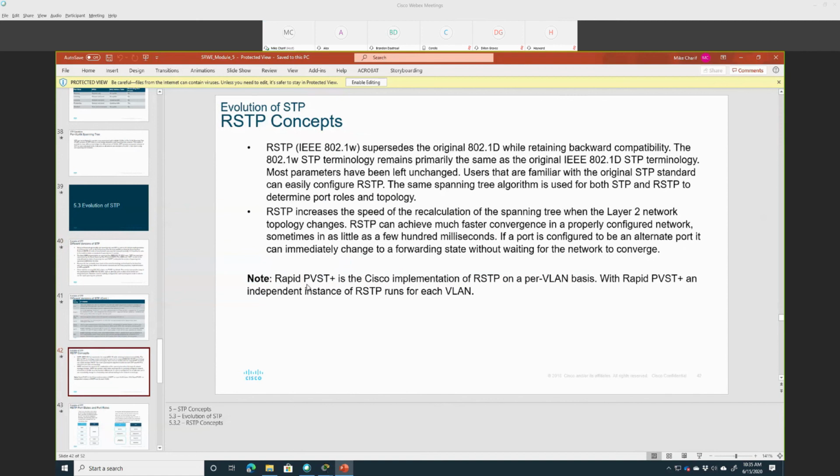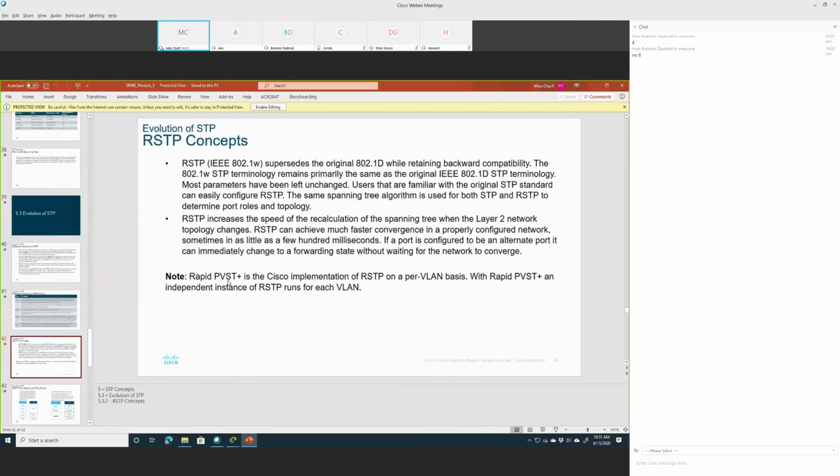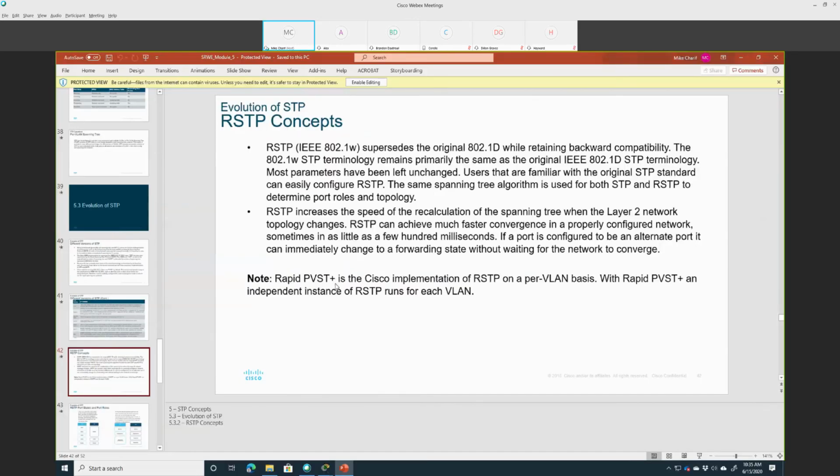After the IEEE changed from 802.1D to this standard, Cisco said, okay, I'm going to change from PVST Plus to rapid PVST. You follow? Rapid PVST is the Cisco implementation of rapid STP on a per-VLAN basis. With rapid PVST Plus, an independent instance of RSTP runs for each VLAN.